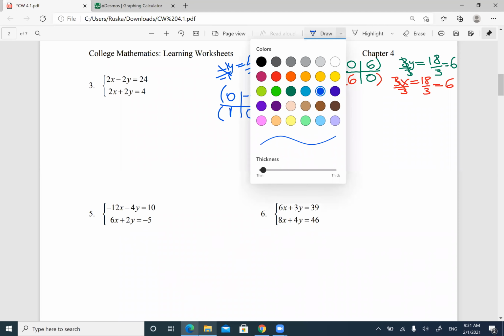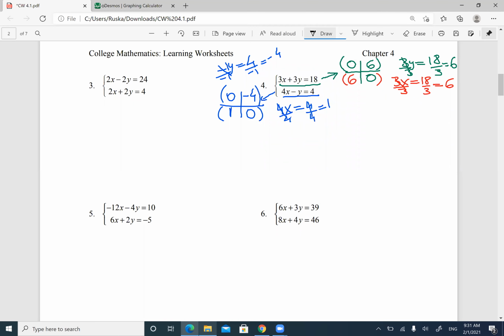I have points from 0 to 6, and negative 4 to 6, so I'm going to try to graph it more precisely. I have 1, 2, 3, 4, 5, 6, and 1, 2, 3, 4. Okay, I'm going to graph the blue line first, the second one.